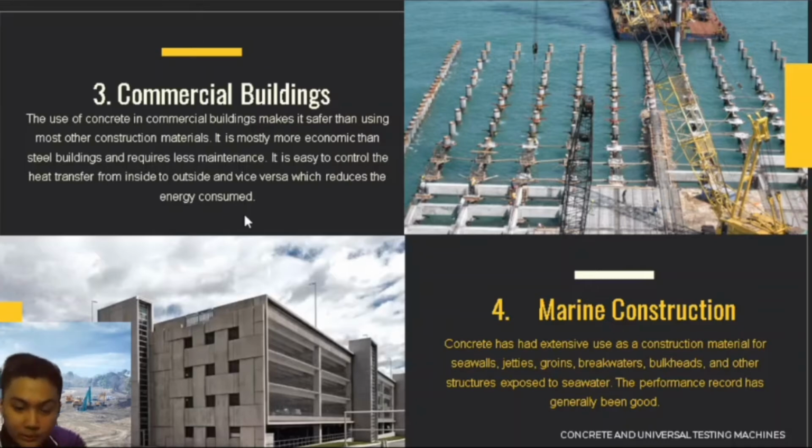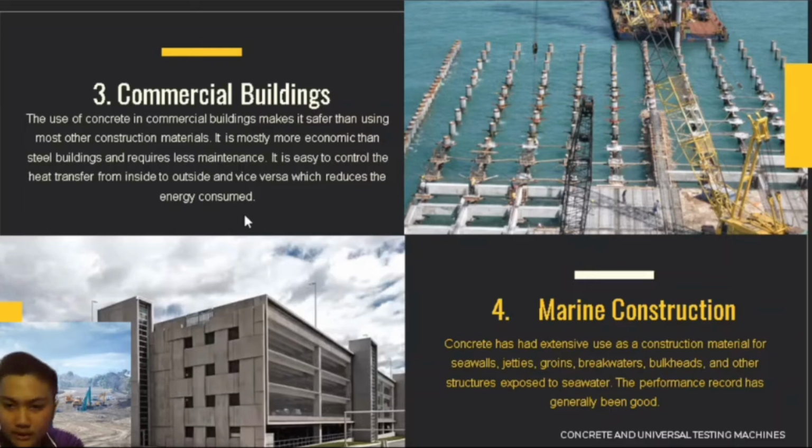And nasabi na yung concrete piniprevent niya yung heat transfer from outside the building papuntang loob or inside the building papunta sa labas. Bakit? Kasi ang concrete napipigilan niya yung heat transfer na napag-aralan natin sa thermodynamics. Next, we have marine construction.